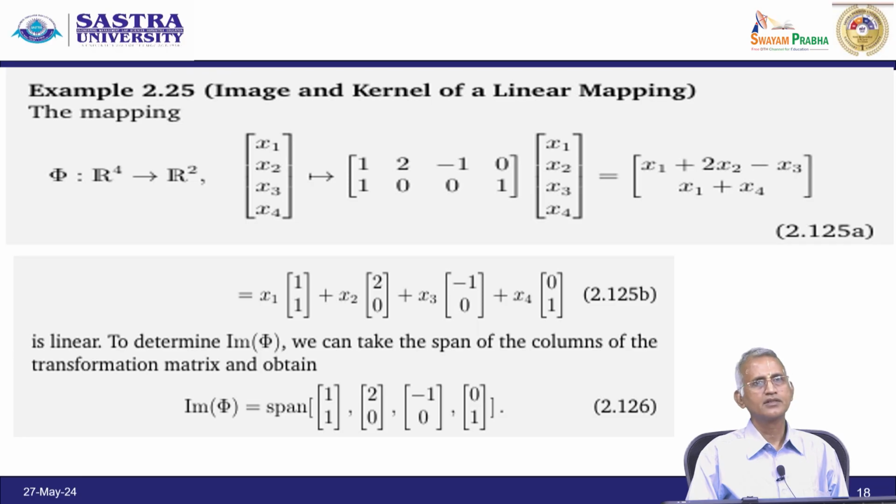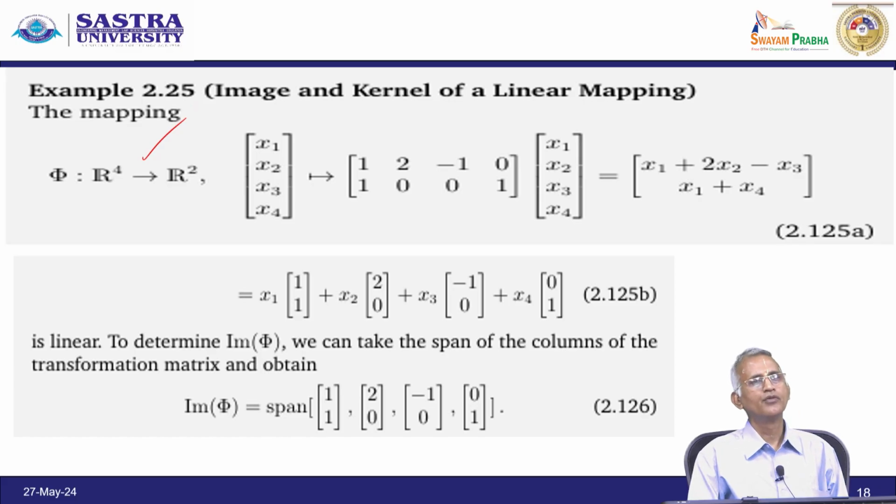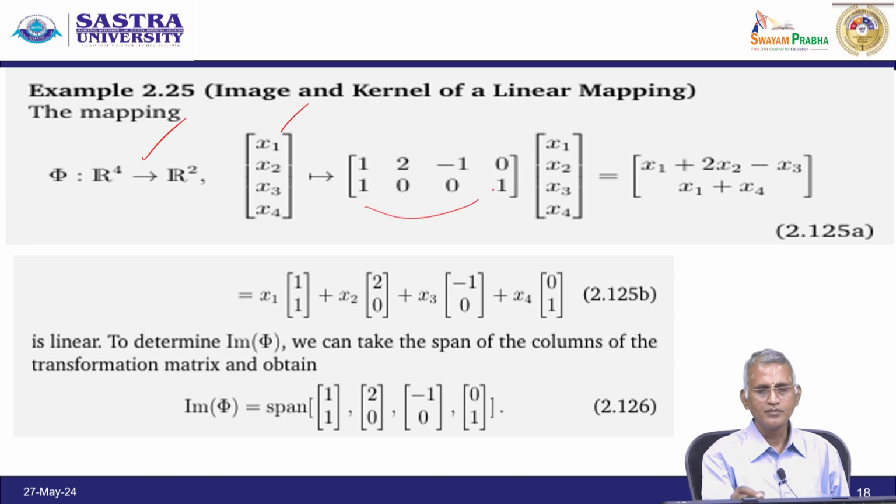Now, we have to discuss one example: image and kernel of a linear mapping. The mapping phi is such that R power 4 to R square, meaning a 4-tuple to a 2-tuple. So, x1, x2, x3, x4 is a 4-tuple, and it maps through a matrix of 2 rows and 4 columns, times 4 rows and 1 column, giving 2 rows and 1 column.